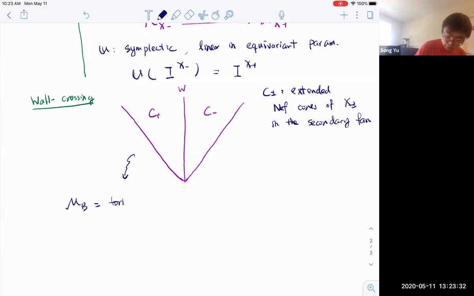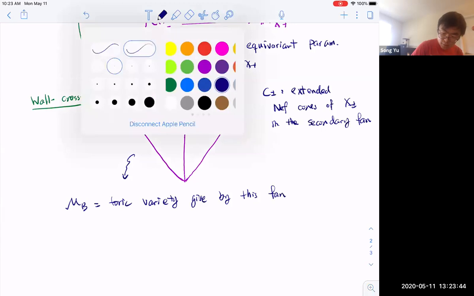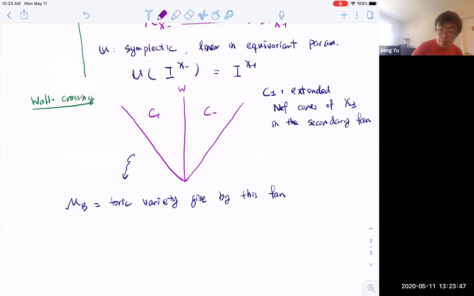So this is the toric variety given by this fan. This will be used as our B model complex moduli space.